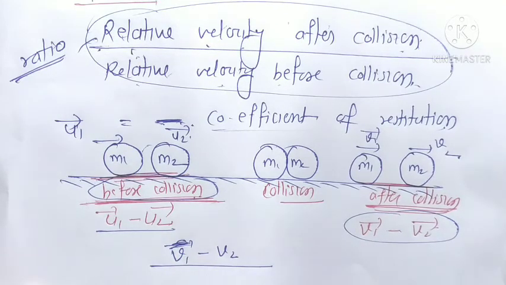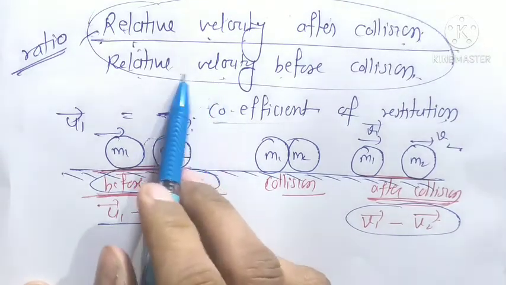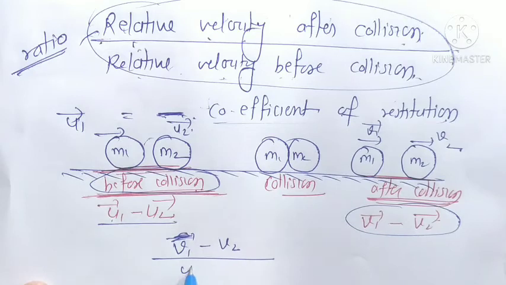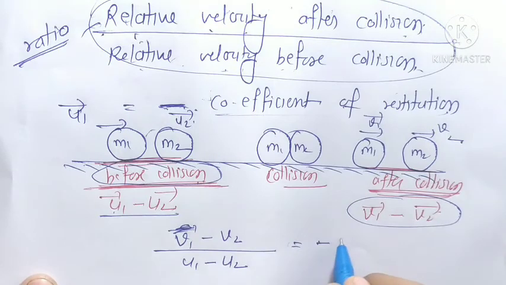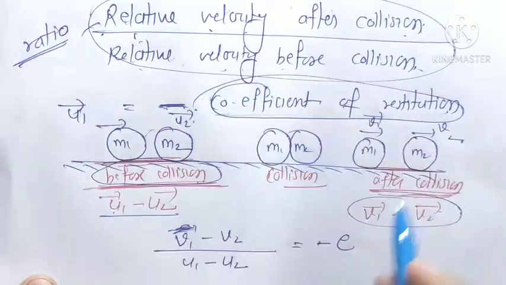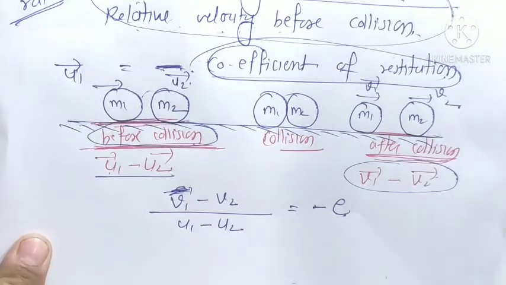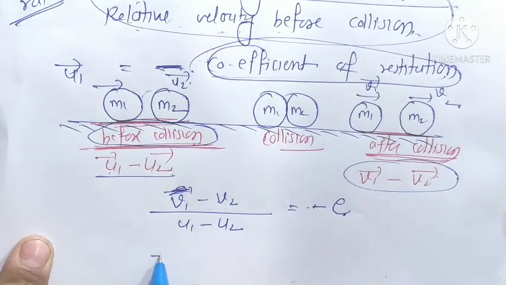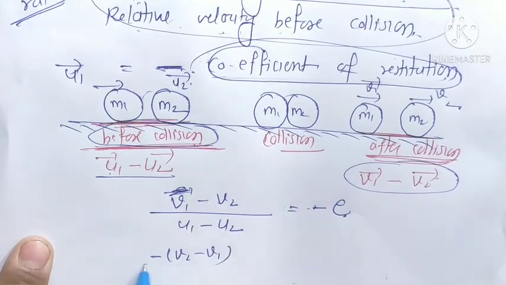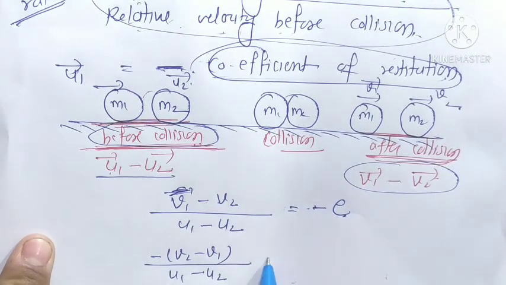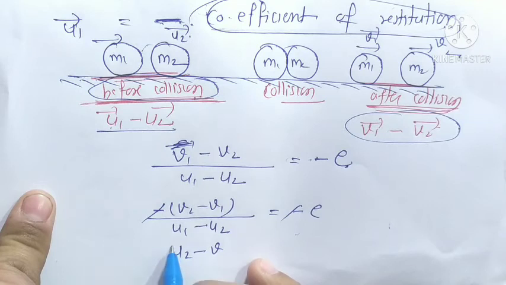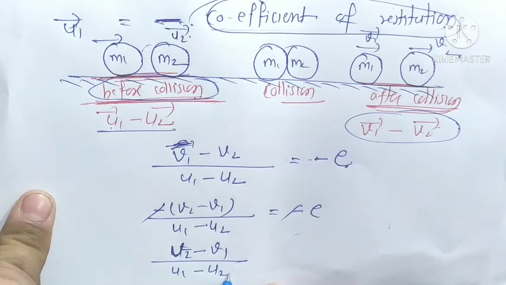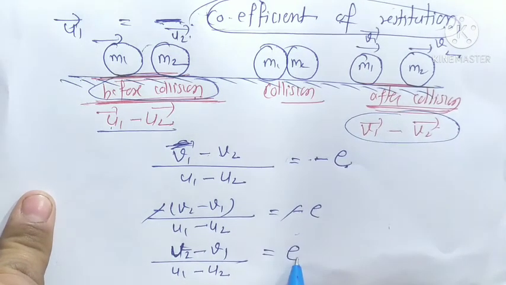So v1 minus v2 upon u1 minus u2 is equal to minus e, where we put e, small e, for the coefficient of restitution. Taking the negative common, the minus and minus cancel each other, so v2 minus v1 upon u1 minus u2 is equal to e.